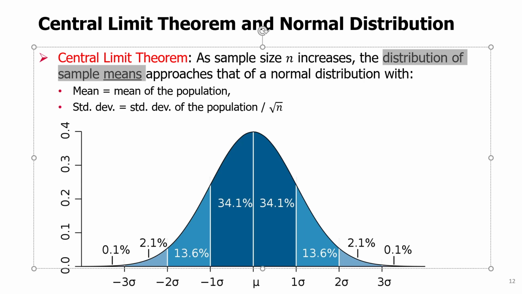And then I calculate a mean of some measurement that I'm interested in. Then the central limit theorem tells us that the distribution of those means will be a normal distribution or close to normal, and the larger the sample size n, the closer to normal distribution the sample means will be.